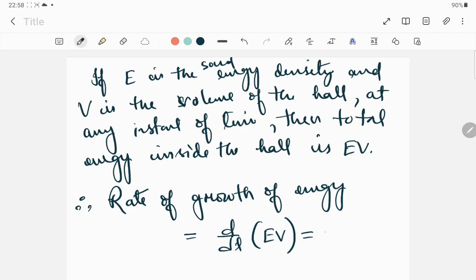V will always remain constant. Energy density inside the hall will vary with respect to time. So V we can take out of the differentiation, V into dE/dt.